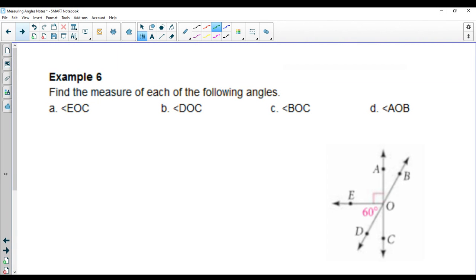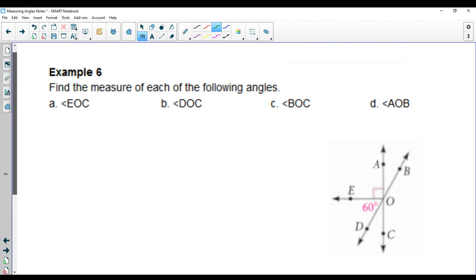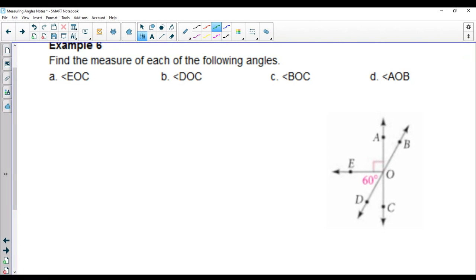Now we're going to find specific measures. Find the measure of the following angles. EOC. Let's scoot this down a little bit. If I look close enough, EOC consists of a 60-degree angle and this little sliver. Well, if I can draw that little box, that means it's going to be 90. So EOC is going to be 90 degrees.